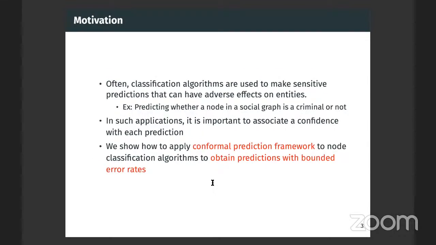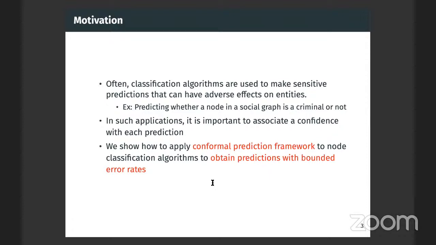The motivation for this work comes from the fact that we often use these classification algorithms to make sensitive decisions, predictions that can have an adverse effect on entities. For example, say you have a graph partially labeled with people as criminals or not criminals, and you want to predict for the rest of the graph whether they are criminals or not.